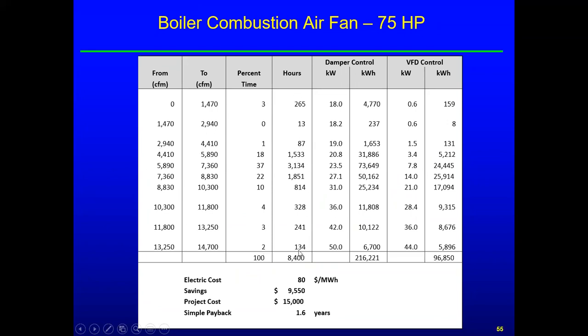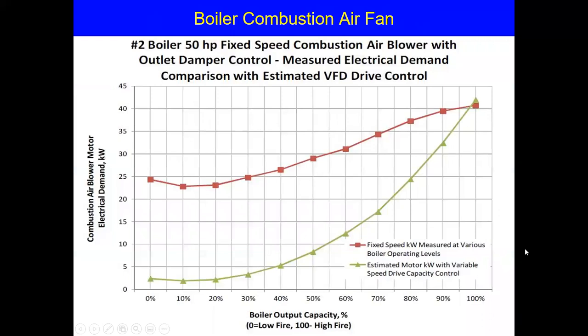If you're going to modulate flow, it's nice to have this kind of load duration curve. Then you can calculate the demand and energy with damper control and with VFD control. At 8 cents a kilowatt hour power, savings were about $9,500 against a cost of $15,000, so about a 1.6 year payback. And like I said, that's measured information.